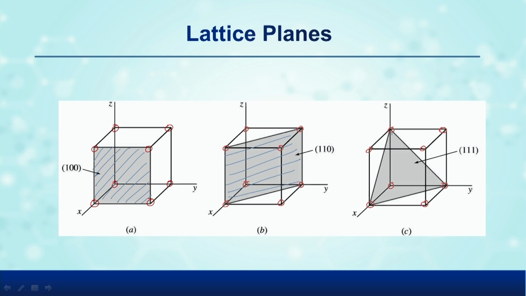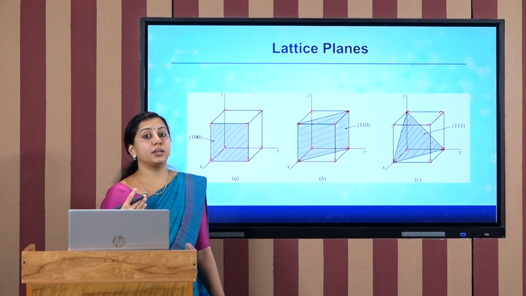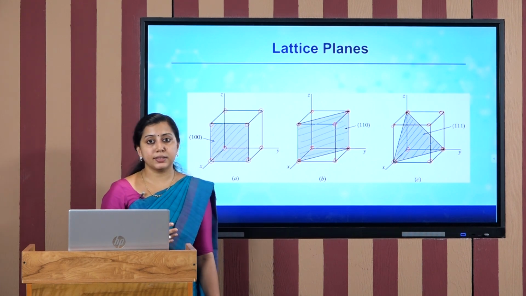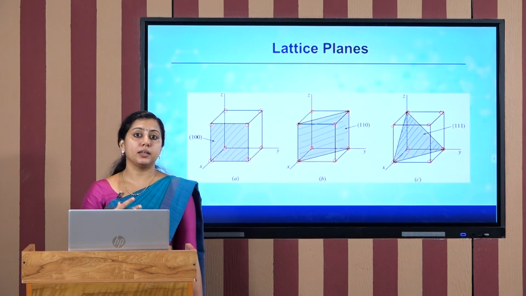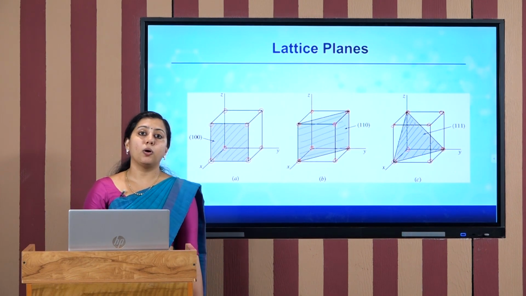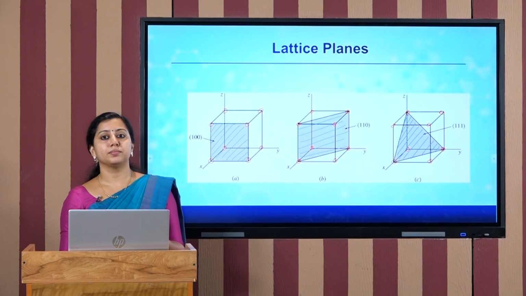So, this plane, you can see that it cuts all the three crystallographic axes and passes through the lattice points. So, likewise there can be different types of lattice planes, either cutting the crystallographic axes or going parallel to some of the axes.